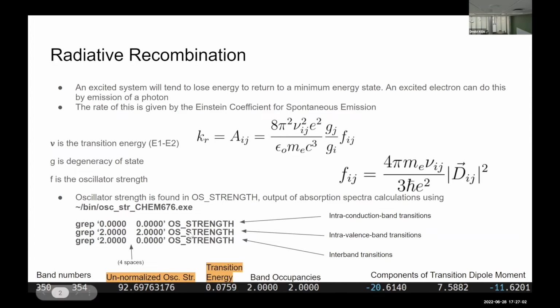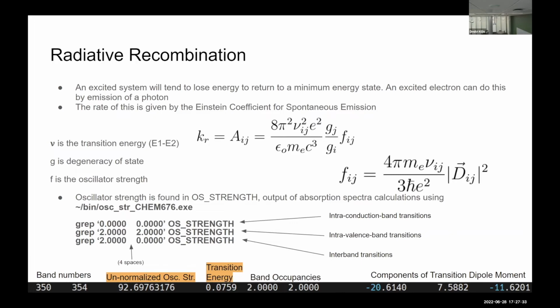Here we can also see different route commands that we can run on that oscillator strength file to get the different oscillator strengths we might worry about. So we have transitions between two excited states, or intra-conduction band transitions, the same thing for valence band transitions, and then interband transitions, basically going from an excited state to a relaxed state.